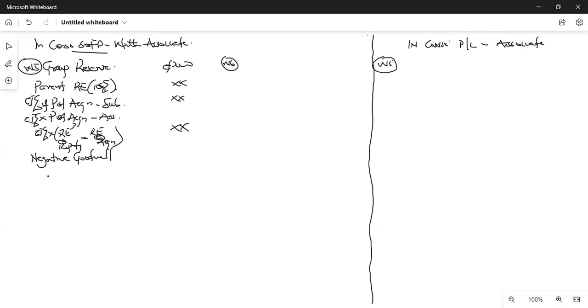Also, remember, if you have a contingent liability, which is a loan note, and the fair value of the loan note, let's say at the time that you were doing the acquisition, was say 15,000. And at the time that you have to pay, the fair value is now 10,000. It means that you had a liability of 15,000 at the beginning. At the end, you realize that it's 10,000.